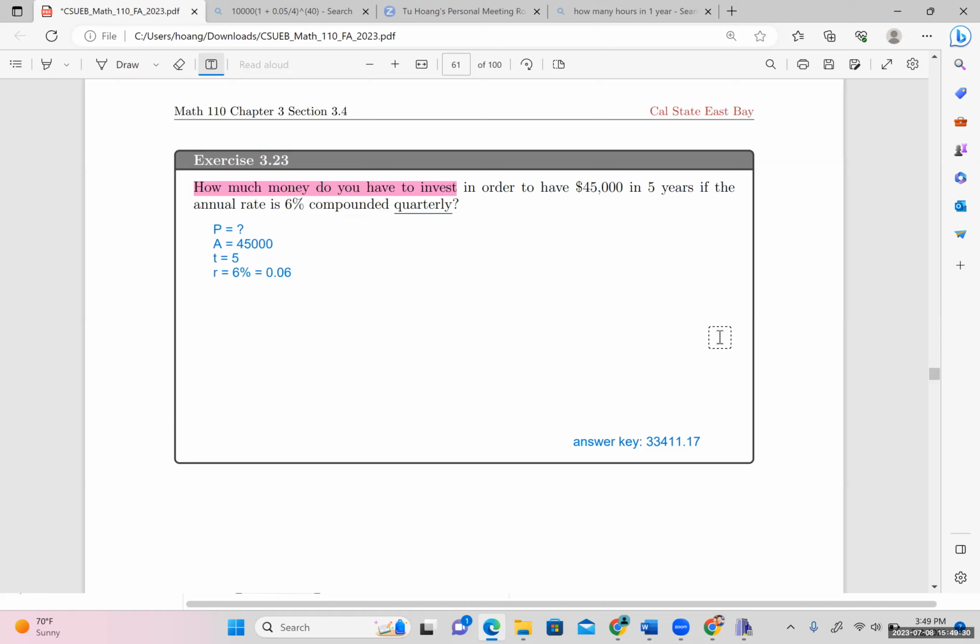And is that compounded continuously? No, it's compounded quarterly. So that means M will be equal to how many quarters in a year? Four quarters in a year. So M equal to 4, right? So apply the compound interest formula, not the compound continuous formula, right?